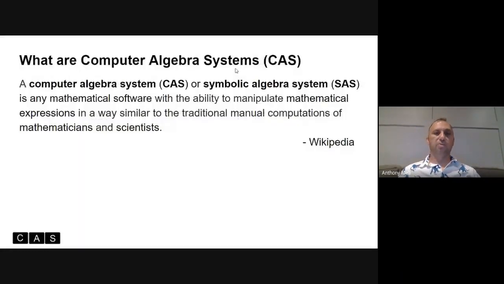Computer algebra systems in general are any mathematical software with the ability to manipulate mathematical expressions in a way similar to the traditional manual computations of mathematicians and scientists.